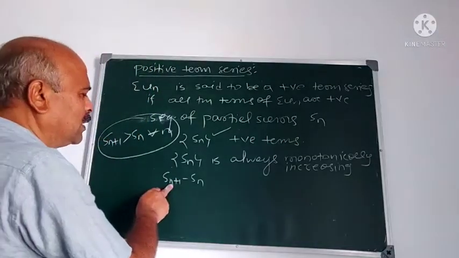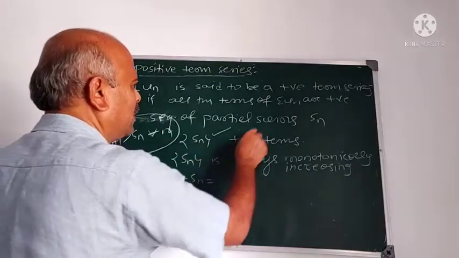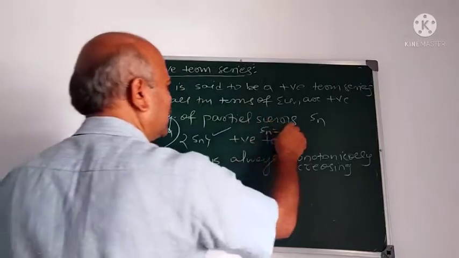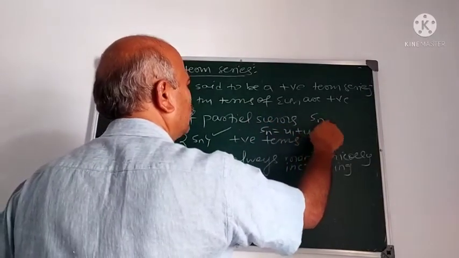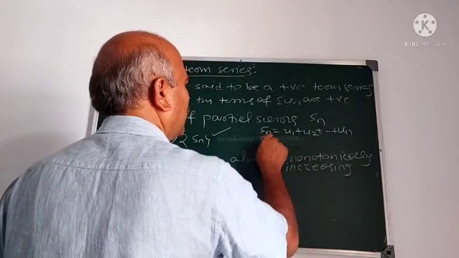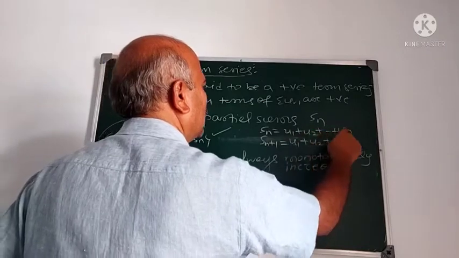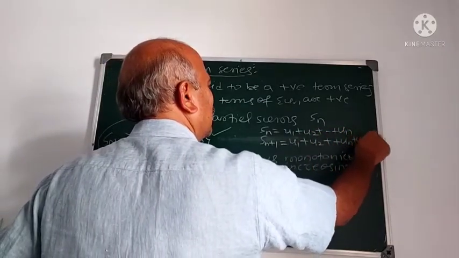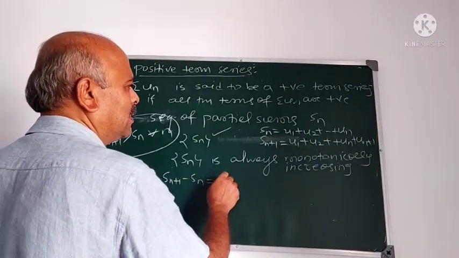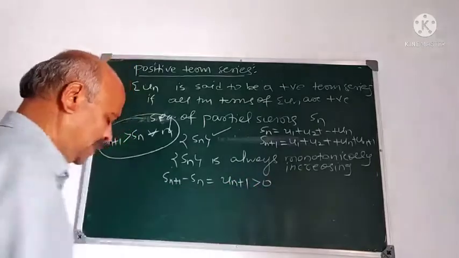Now, Sn is u1 plus u2 plus etc. plus un. Sn plus 1 is u1 plus u2 plus etc. plus un plus un plus 1. So Sn plus 1 minus Sn is un plus 1, and it is greater than 0.